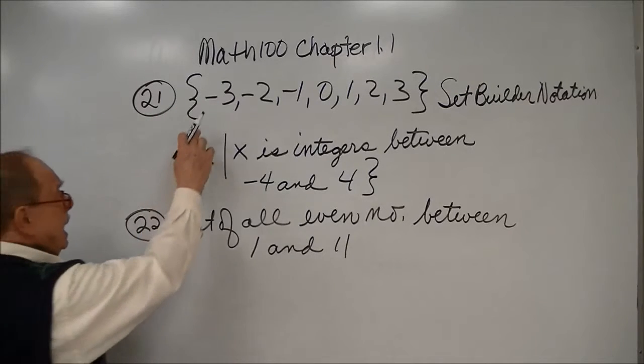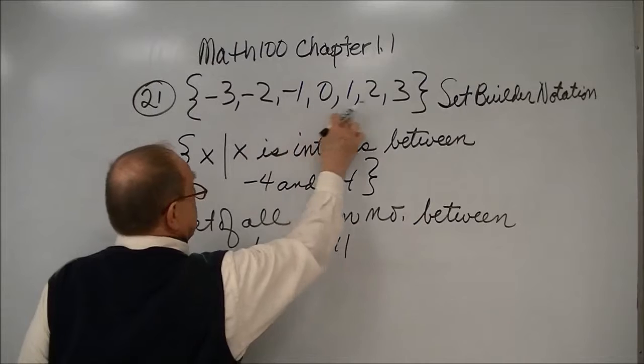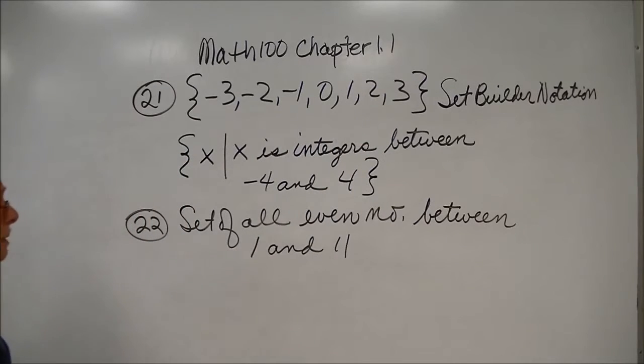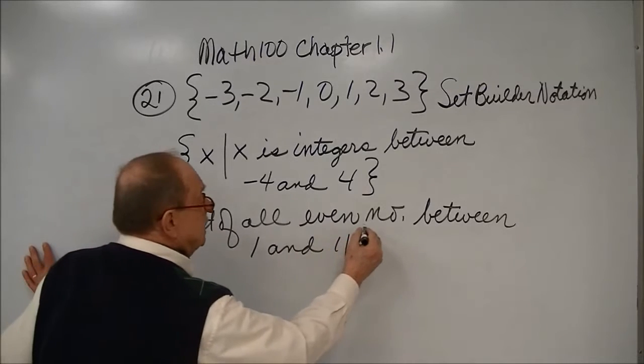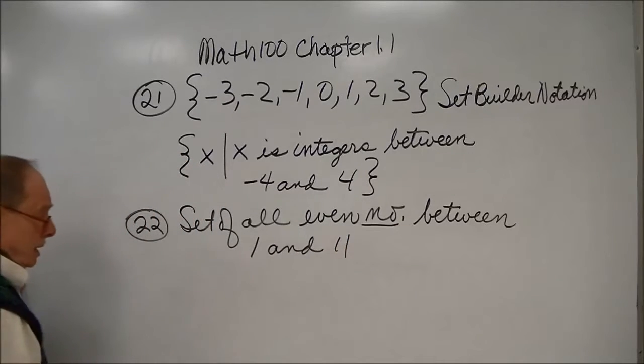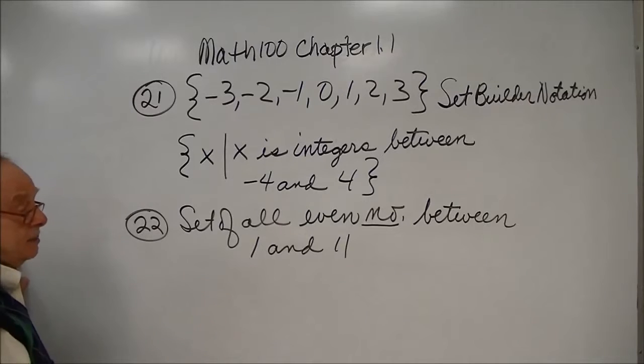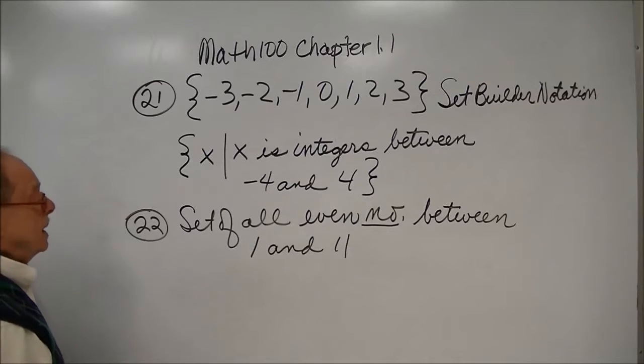Now again, the elements of the set are what are listed there. These are sometimes called members of the set. Now, for something like this, when they're talking about even numbers, you wouldn't start to list them because that would be sort of impossible.